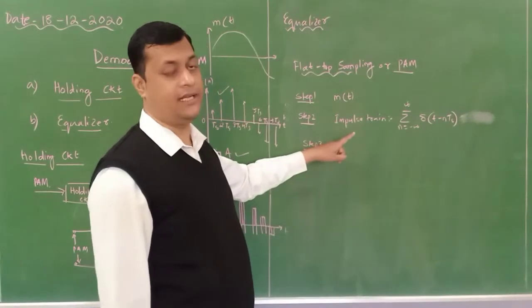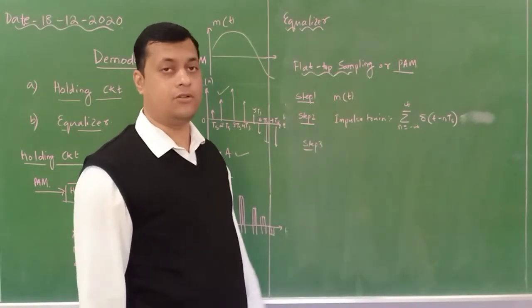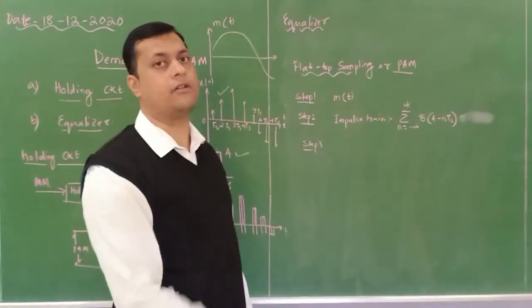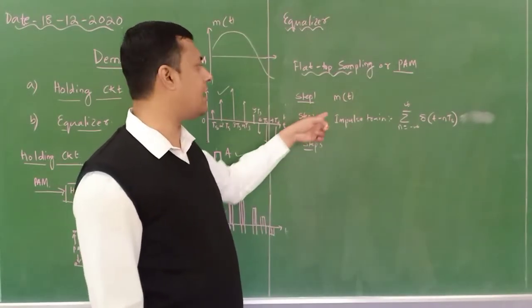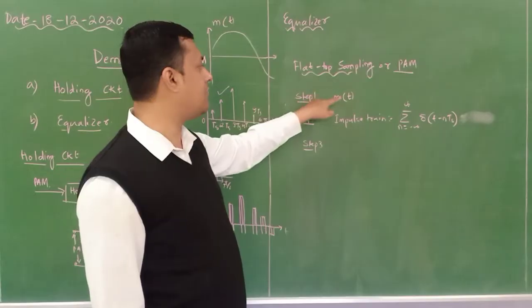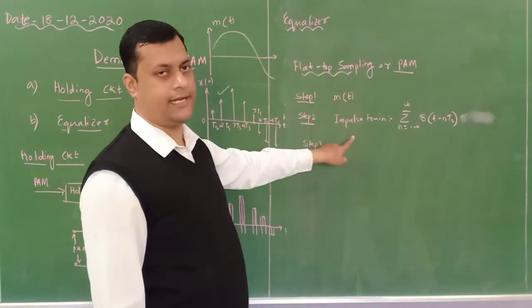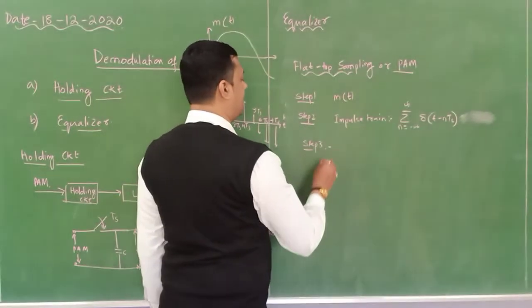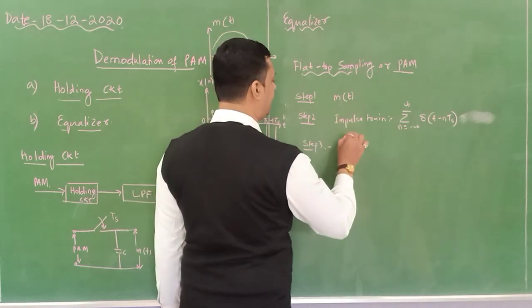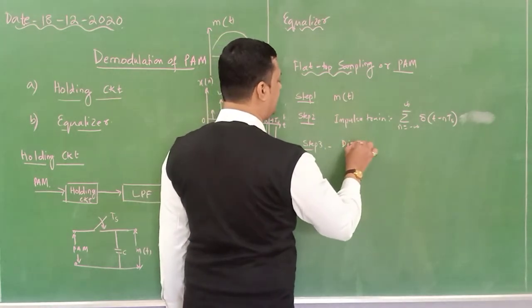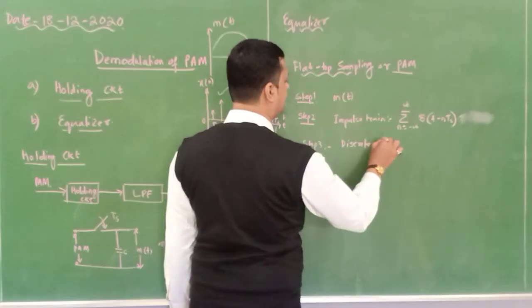If it is multiplication, you need to analyze in terms of the frequency domain to get the spectrum. That we have done already. But I am just discussing what happens in flat top sampling. First, the modulating signal, then the impulse train. In step 3, we will get the discrete signal.